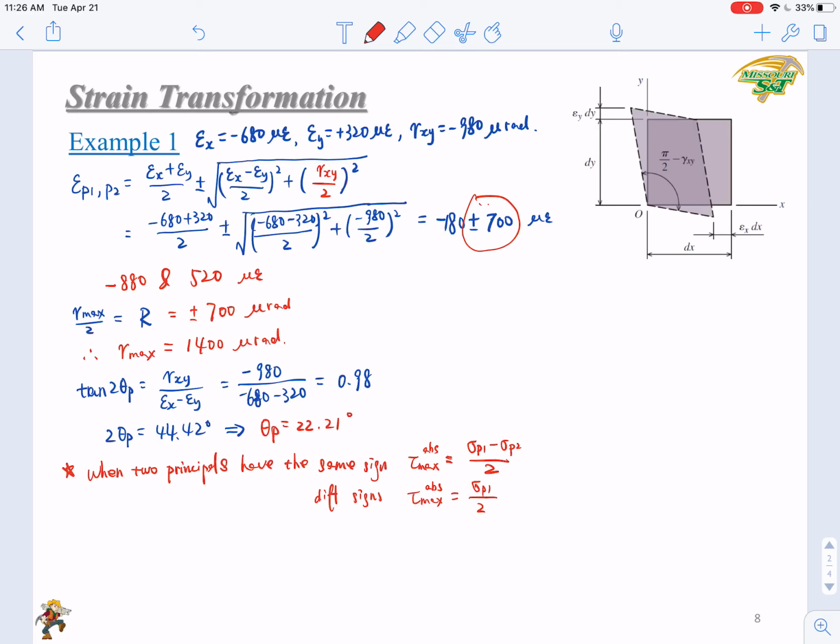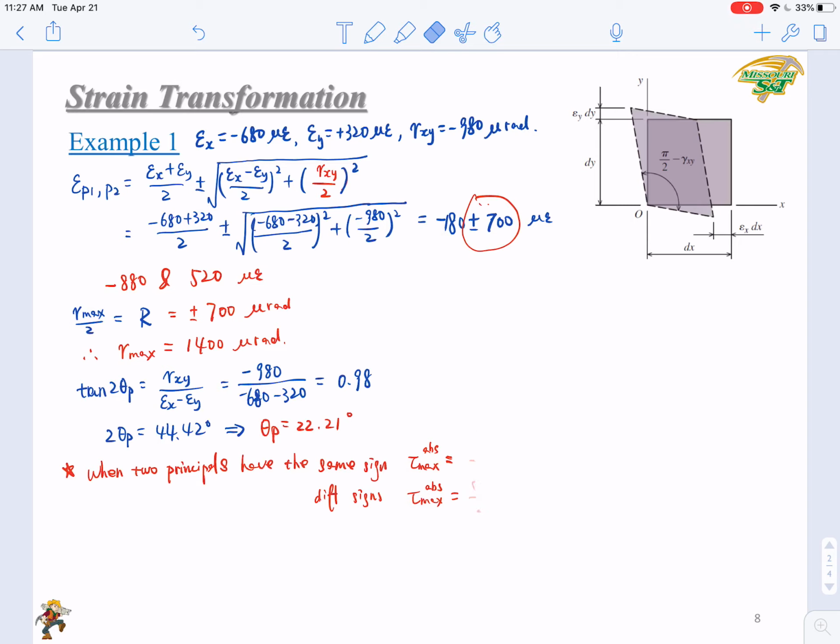You just look at our two principal strains. Do our two principal strains have the same sign or not? Sorry, I need to rewrite this.